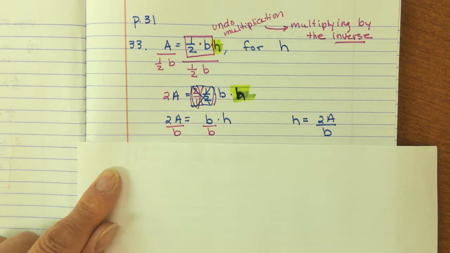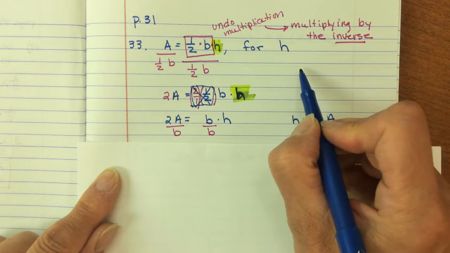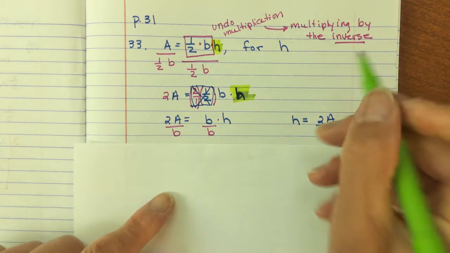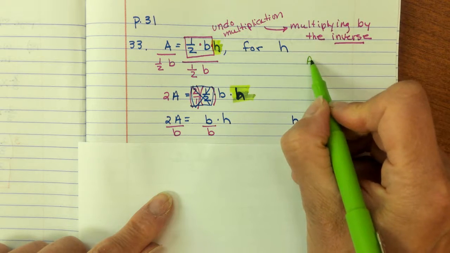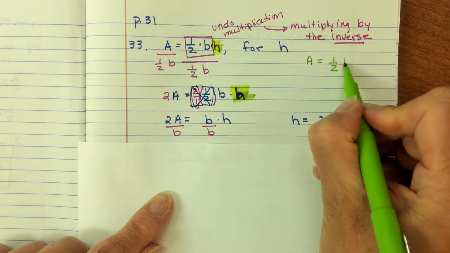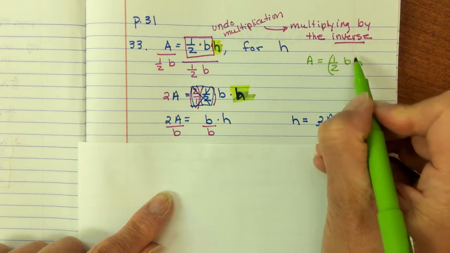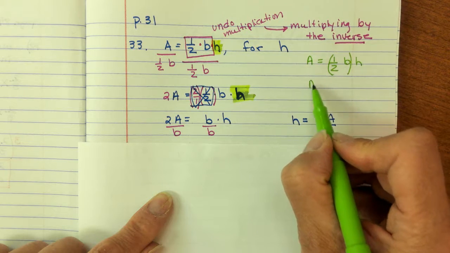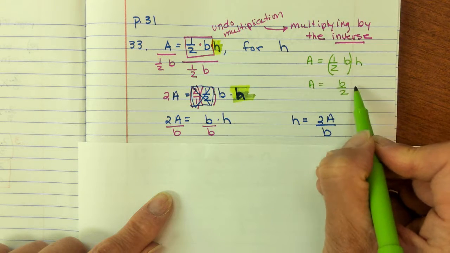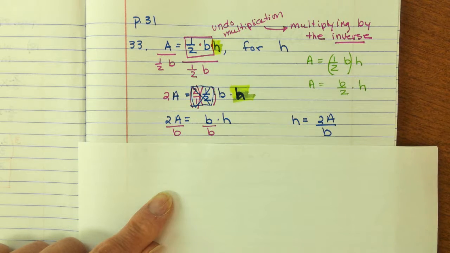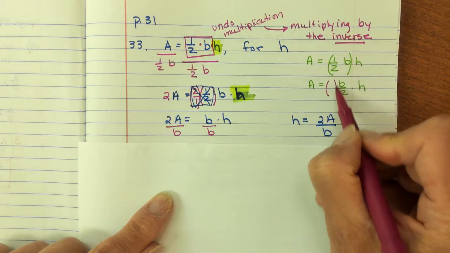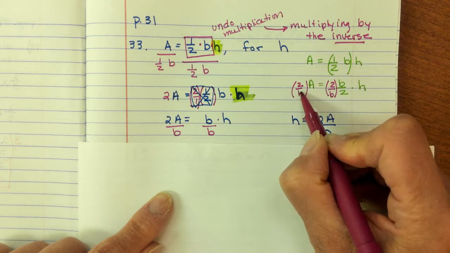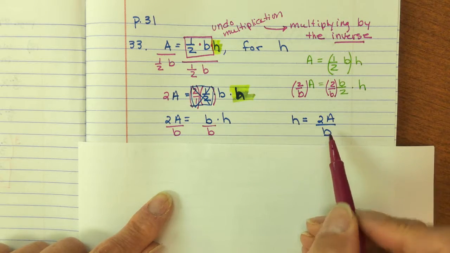The other way I could have done this is, let me use a different color pen. If I have a equals 1/2 BH, if I recognize that as one unit, this is the same as A is equal to B over 2 times H. I could have simply multiplied this by 2 over B and multiplied this by 2 over B, and I would have gotten the same answer.